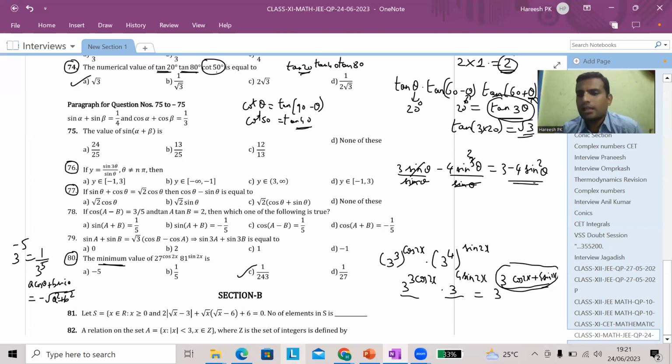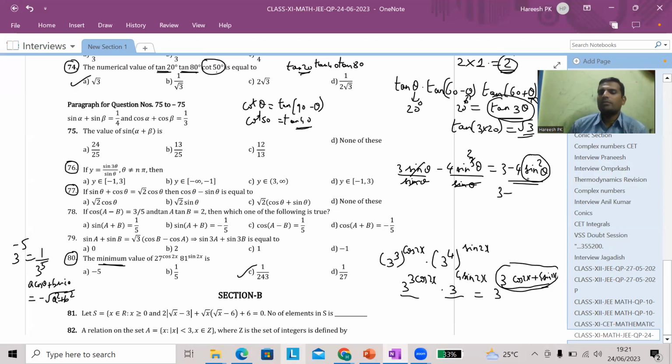Now how to analyze the range of this? Very easy. Sine square theta: what is its minimum value? What is the minimum value of a square function? Sine square's minimum value is 0.